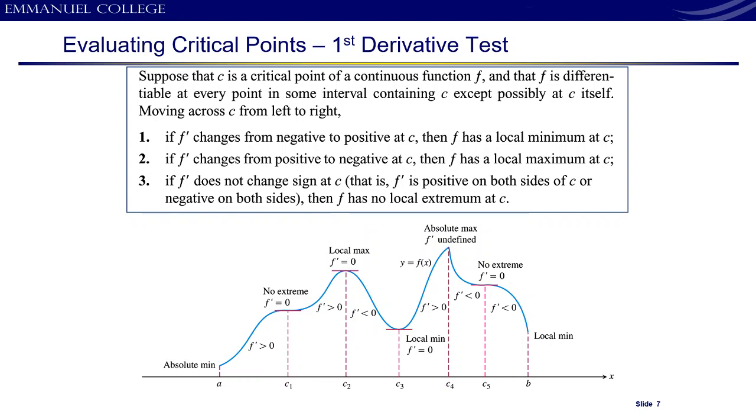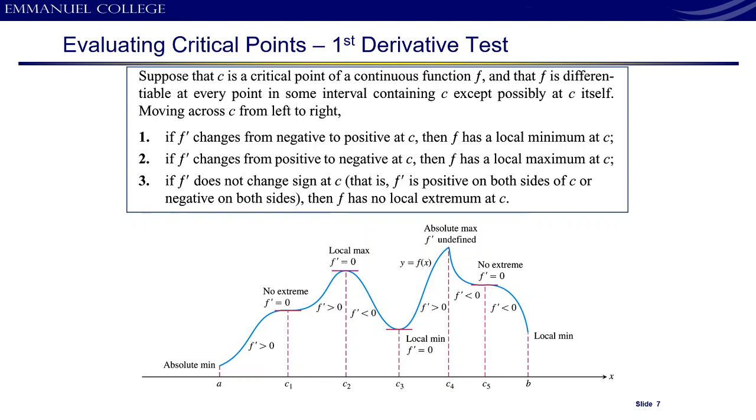So, the first derivative test, and this one's pretty straightforward. This one's kind of what I said. If the derivative changes from negative to positive, which means decreasing to increasing, then f has a local minimum at the point where that change happens. If it goes from positive to negative, which means increasing to decreasing, then it's going to have a local maximum at the point where that occurs.